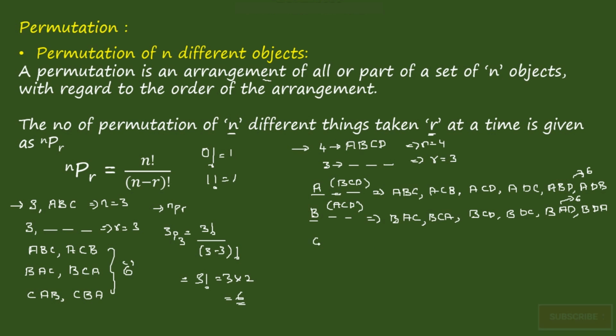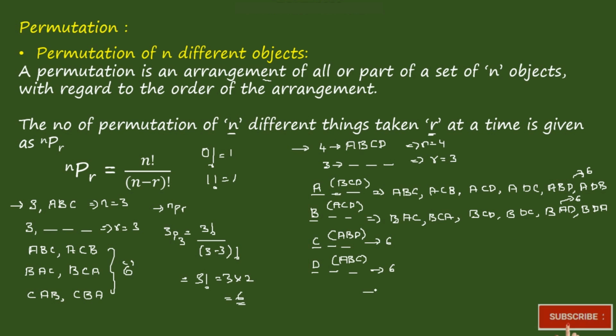Similarly, if you set C first, in the two sets we can arrange A, B or D. Then also we get 6. And if you consider D in the first position and A, B and C in the second and third, you can arrange them in 6 different ways.